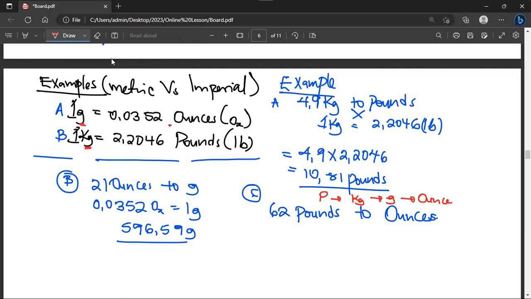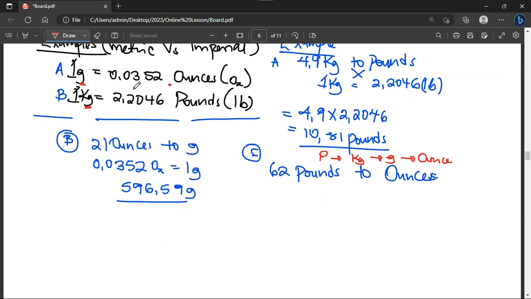So let's do that, and we shall start by using factor B, which says if you have 1 kilogram, you have an equivalence of 2.2046 pounds. So for us, we have 62 pounds. We want them to become kilograms. So cross multiply. So this will be 62 divided by 2.2046.